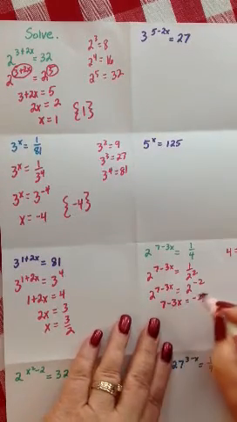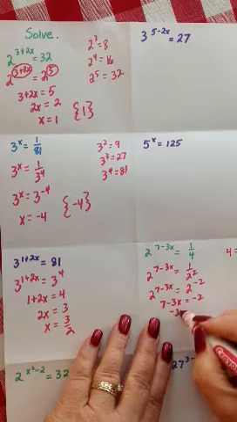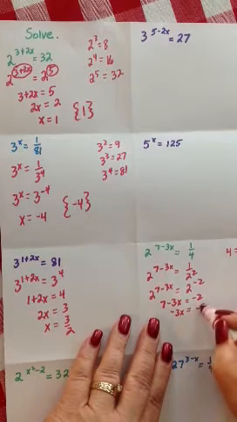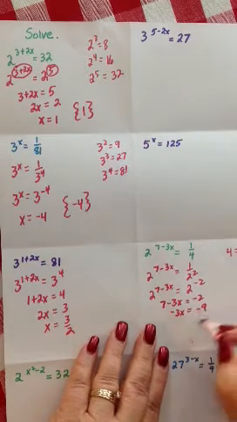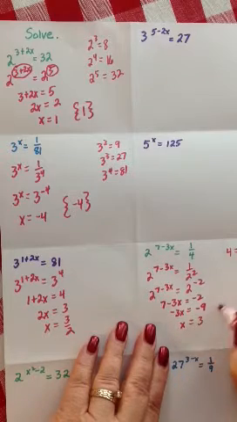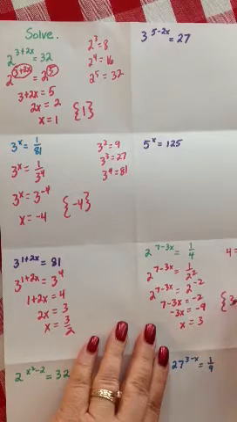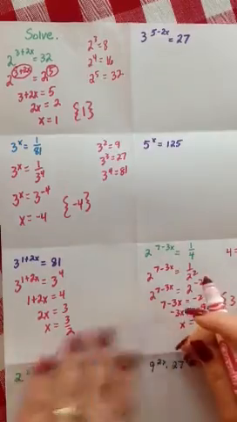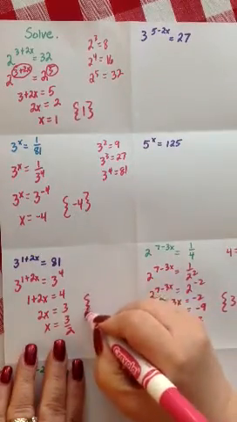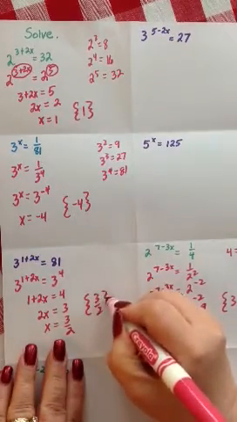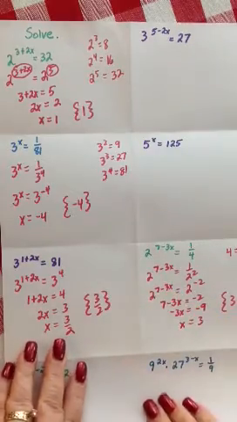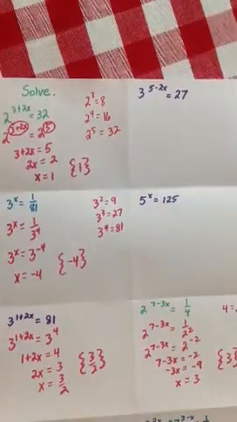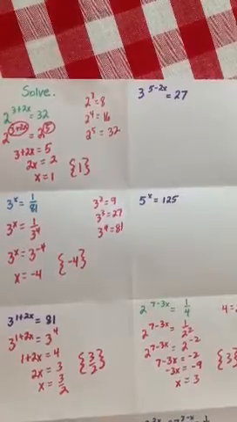And I'll just move the 7 over here. So negative 3x is equal to negative 9. Divide both sides by negative 3. So x is 3. So we put this in curly braces. I forgot to put the previous one in curly braces. I will do so now. 3 halves. All right, I'm going to move it down just a smidge and double check to make sure we could see everything. Okay, we're good.